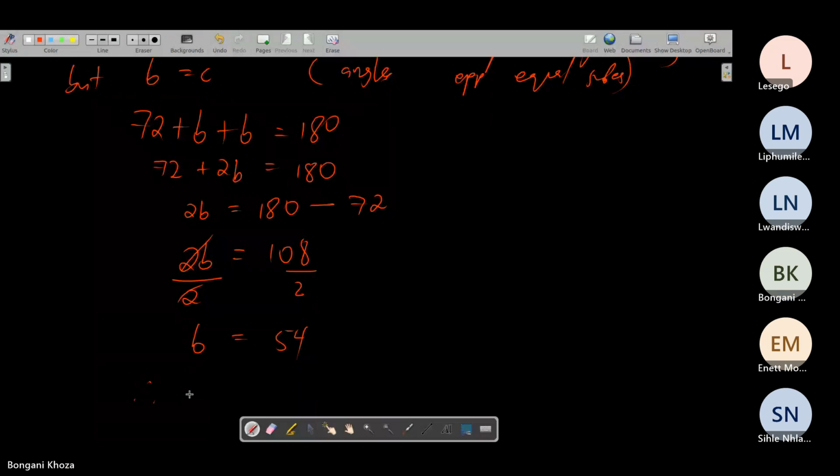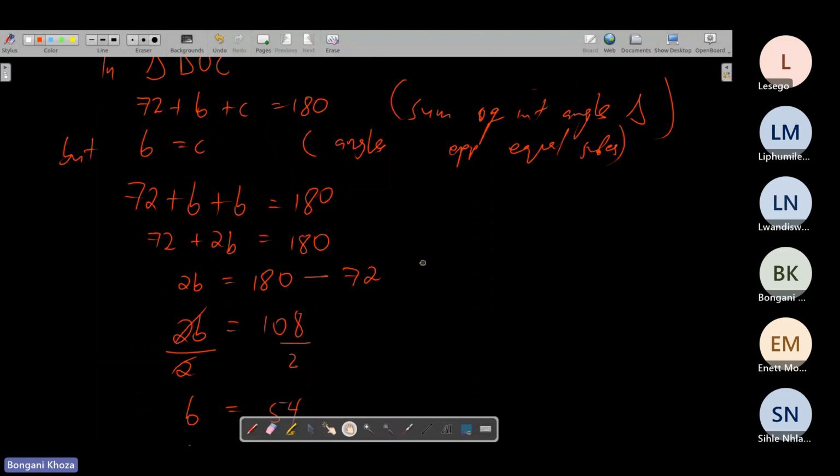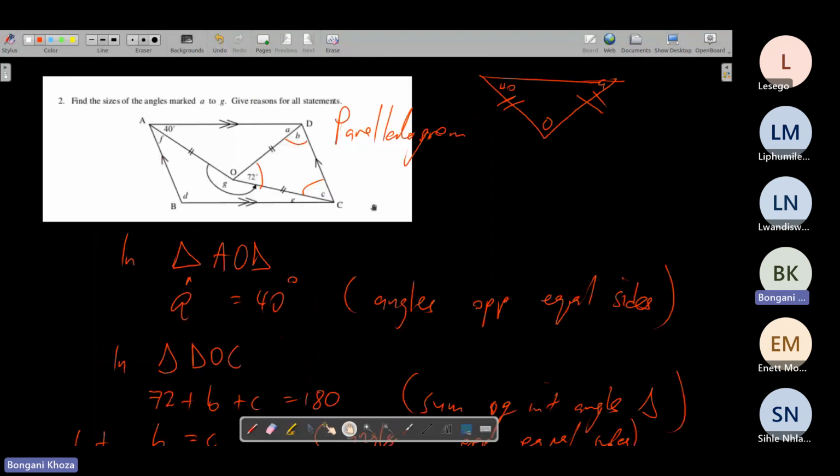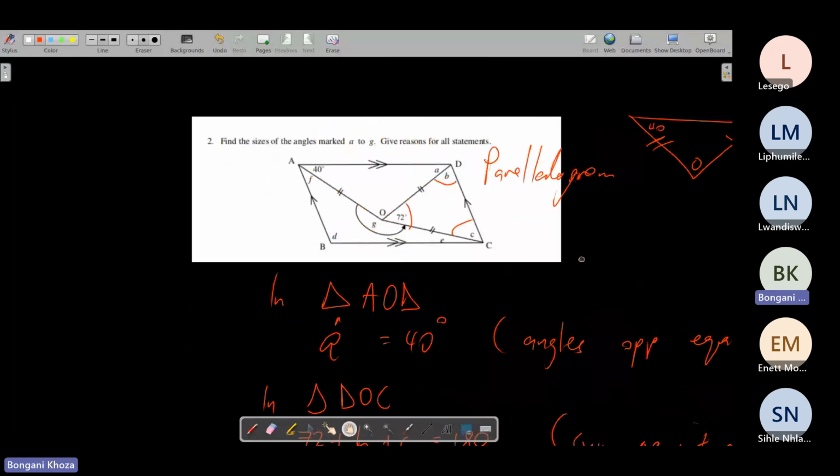Therefore, we can say C is also equal to 54. So far we have done A, B, and C. Any questions for B and C? Okay, I assume that means no questions.